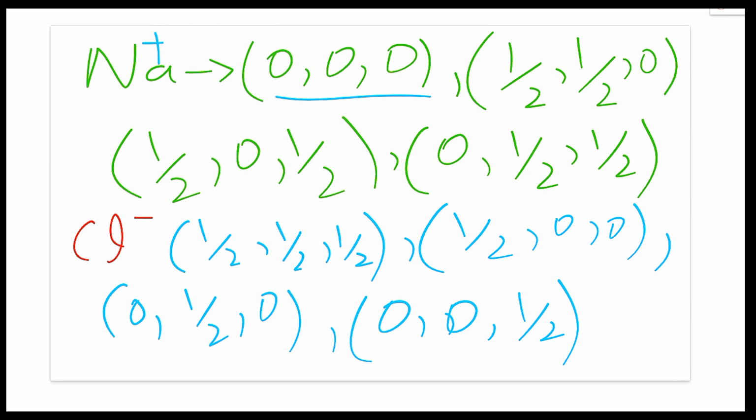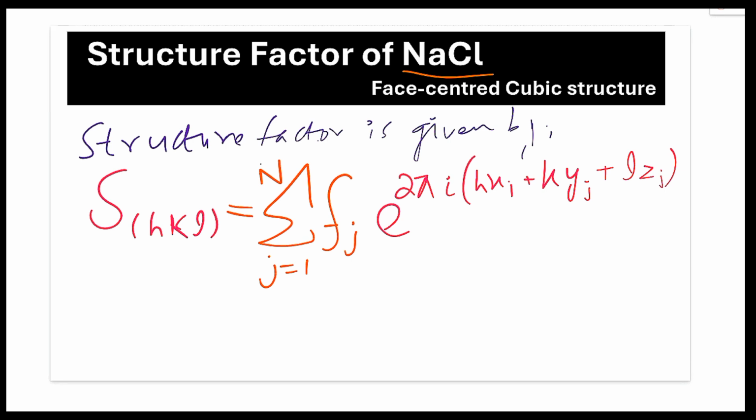They overall represent the 4 net atoms in their FCC structures. So now we can use these locations and write down the structure factor for NaCl. For NaCl we have Na and Cl, so we needed the position vectors of 4 atoms in Na and 4 atoms in Cl to find the structure factor.